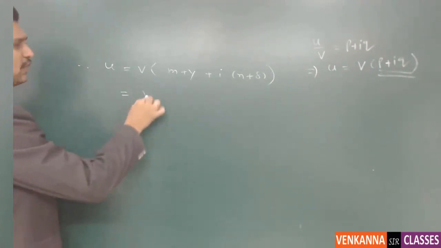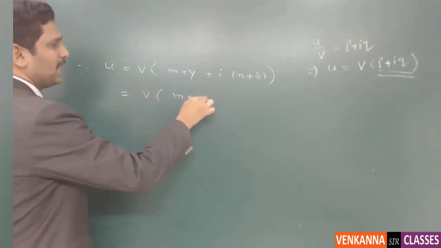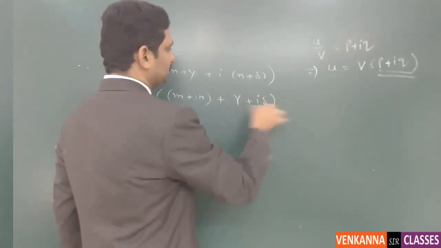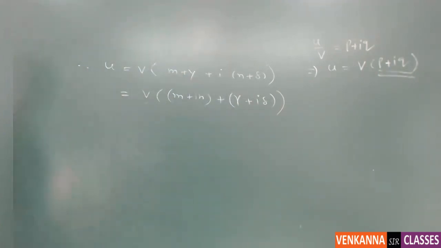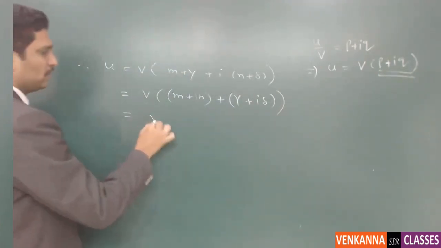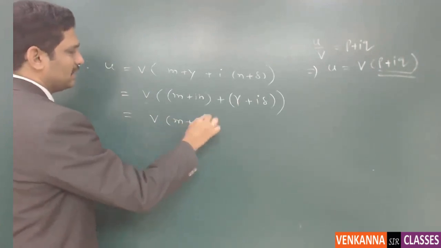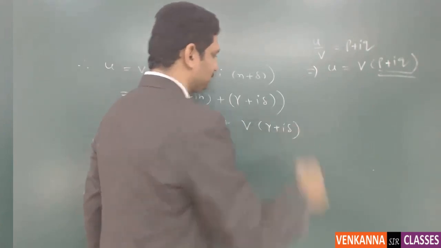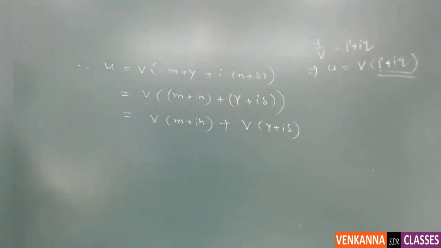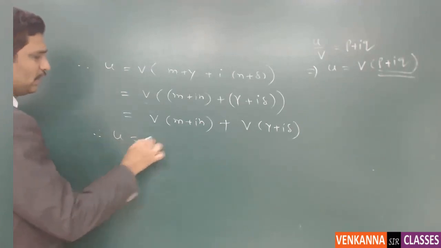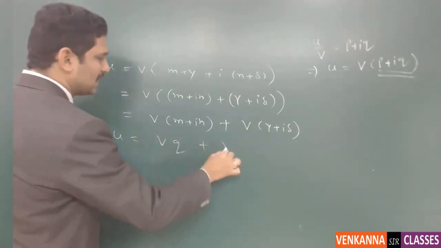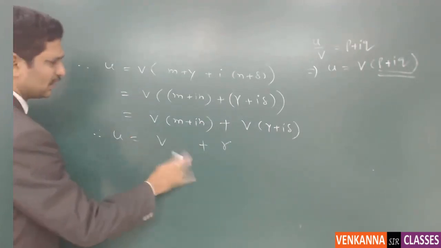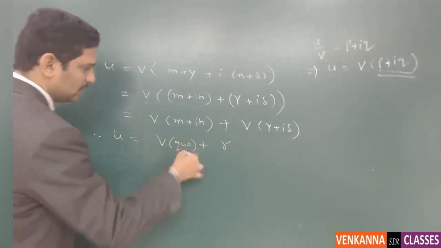So this is equal to v into (m plus in) plus v into (gamma plus i delta). I am writing it as u is equal to v into Q plus R, where this is the quotient and this is the remainder.